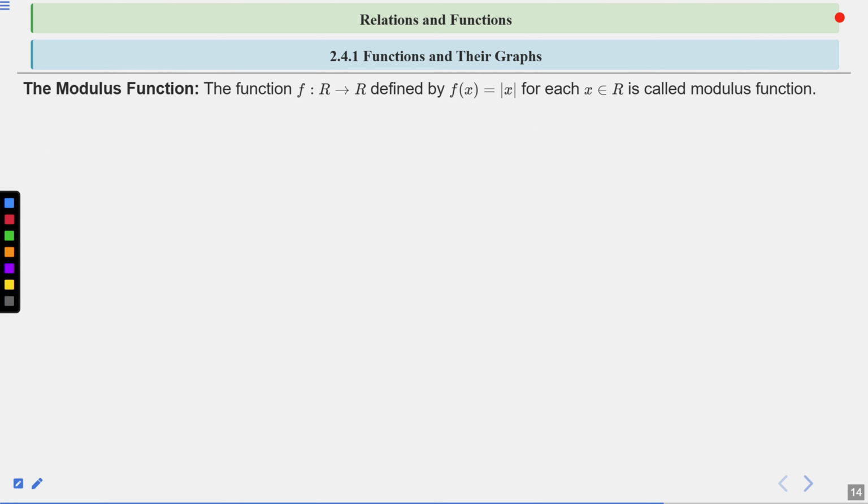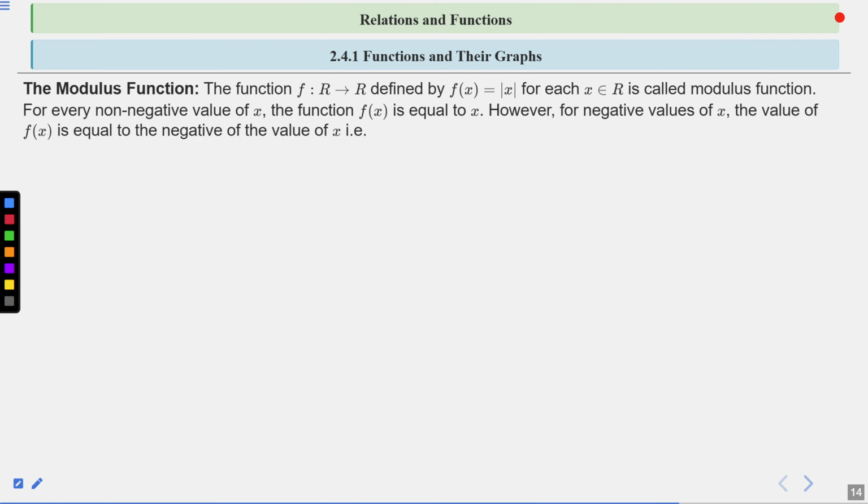Now, the modulus function. If a function f from R to R is defined by f(x) = mod x. So how do we read this? Mod x, simply, or the absolute value of x. What does this represent? Quite simple: for every non-negative value of x, the function f(x) is equal to x.